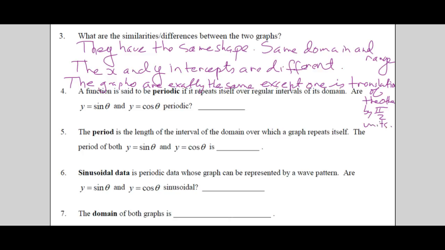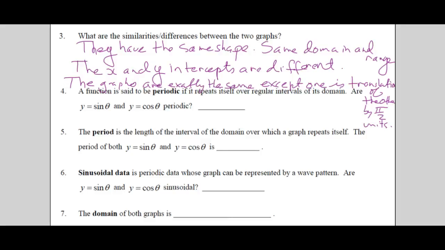Right. And you could say, if I take the sine curve and shift it pi over 2 units to the left, then I get the cos curve. If I take the cosine curve and shift it pi over 2 units to the right, then I get the sine curve. Okay, so same graphs, right? Same range, same domain, same shape.